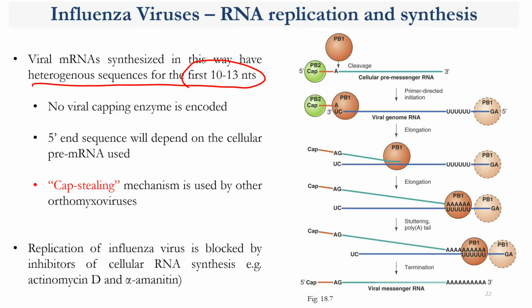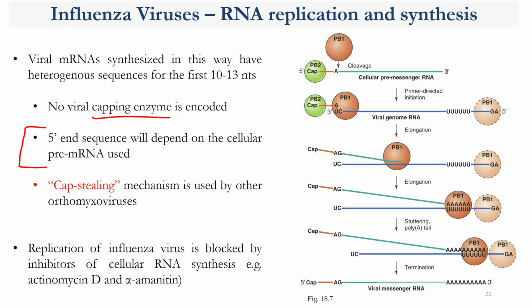So as a result, the first 10 to 13 nucleotides are variable. Okay? So it's a heterogeneous sequence, because the genome does not encode any viral capping enzymes, and the 5' end sequence of the fragment will be dependent on the cellular pre-mRNA that was used.